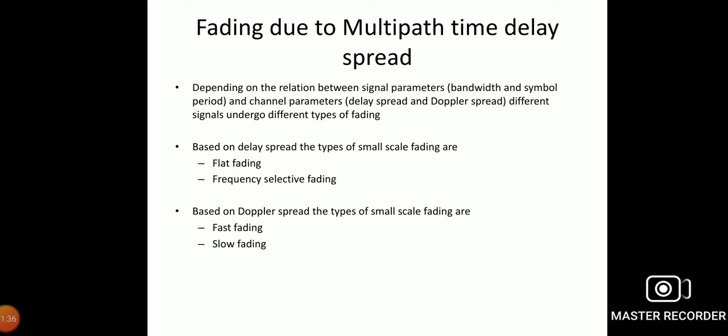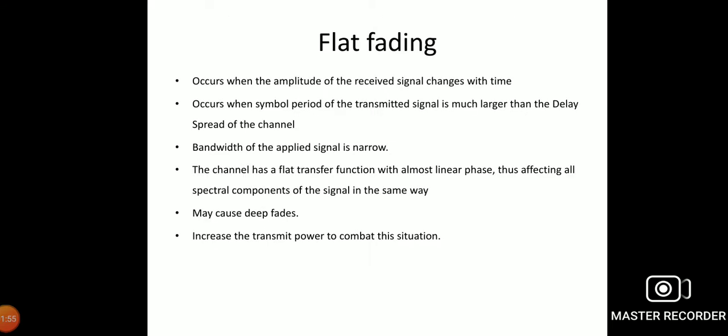Different fading types occur depending on the region through which the mobile signal is traveling. Based on multipath time delay spread, number one is flat fading. In flat fading, the bandwidth of the signal is less than the bandwidth of the channel, and the delay spread is less than the symbol time period.